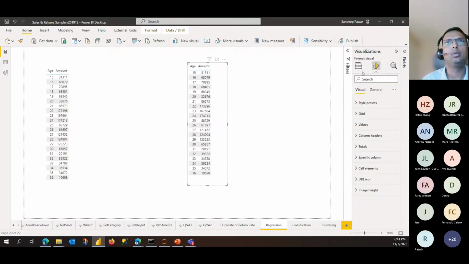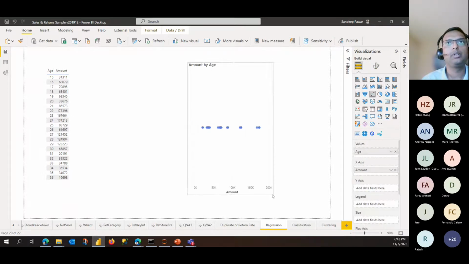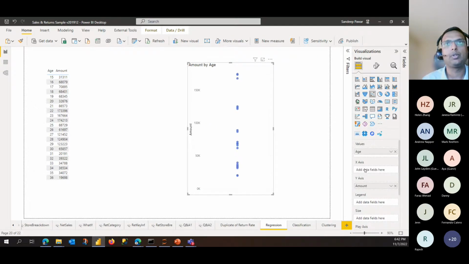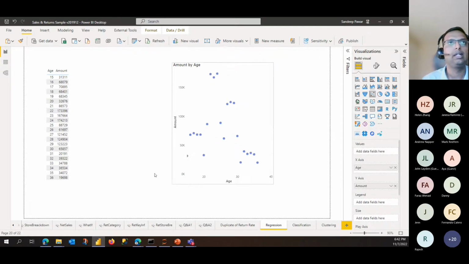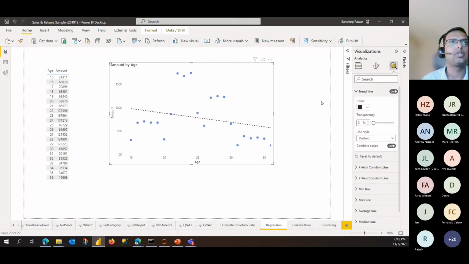I have to first create a scatter plot between the two. So I'll put the x-axis on the y, and this goes over here. And then we can create a trend line. If I turn this on, it gives me a nice trend line. So you can basically do this in Power BI as well.